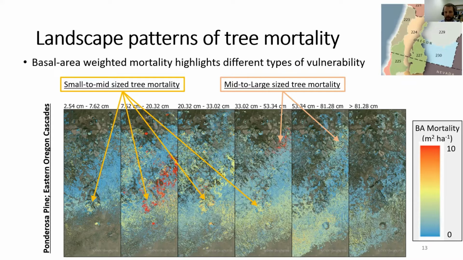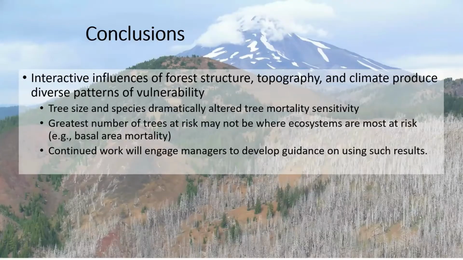And this really, I think, implies that we may have these different syndromes of potential mortality and vulnerability on the landscape, and managers would address those conditions differently, right? They might have different tools for thinking about small versus large trees. The small trees were impacted by basal area, so maybe thinning those stands out would help, whereas for the large trees, that may not be the case depending on the species. There are interactive influences.